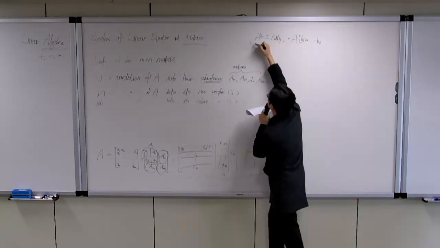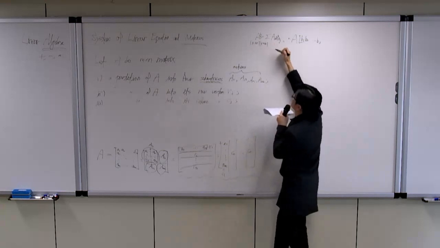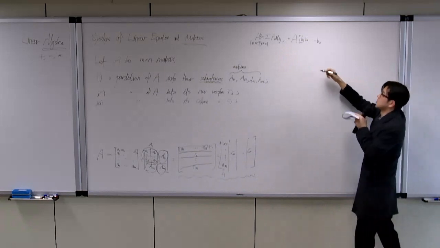I will write the size of A and B. Its size is n by r matrix and r by m matrix.